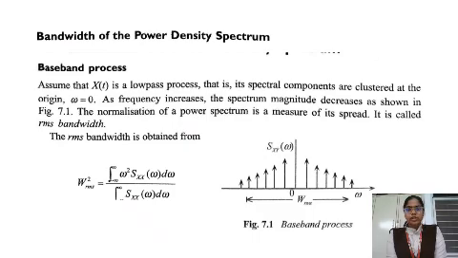The normalization of a power spectrum is a measure of its spread. It is called the RMS bandwidth. The RMS bandwidth is obtained from W squared RMS is equal to the integral from minus infinity to infinity of omega squared Sxx of omega d omega, divided by the integral from minus infinity to infinity of Sxx of omega d omega.